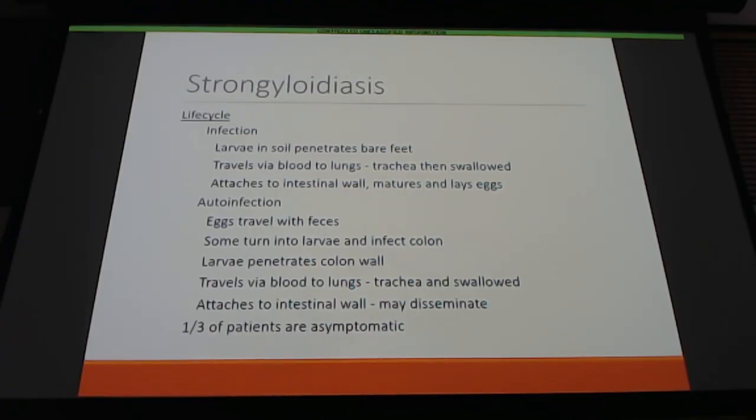It starts laying eggs. Just like some of the other ones, you can cause auto-infection to yourself if you don't have good hygiene. If you continue to auto-infect yourself, you can have this for decades, and your worm burden can increase dramatically.